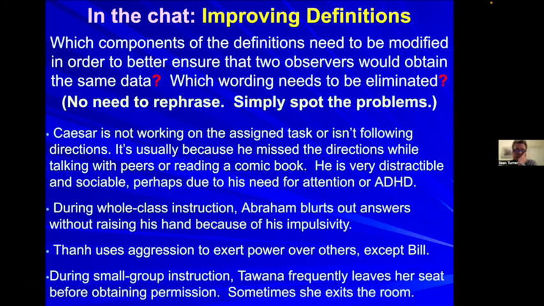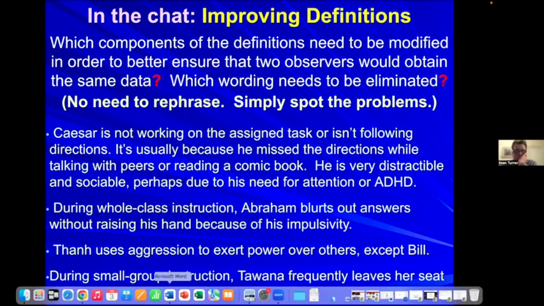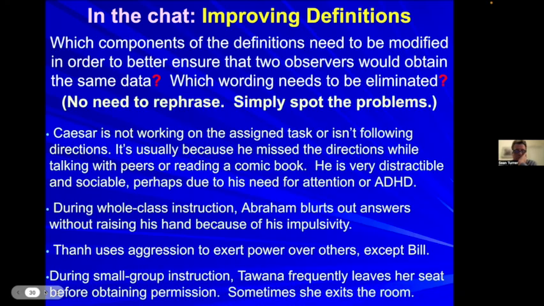Yeah, some folks are spotting the negatives, the void words like not. And we're also seeing some mind reading in some of these definitions with because. Yep, more of spotting what isn't happening. And again, some mind reading being spotted.